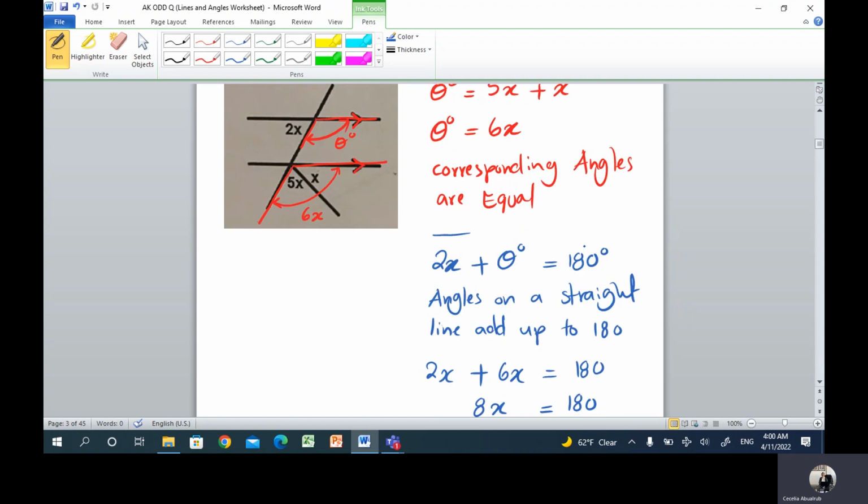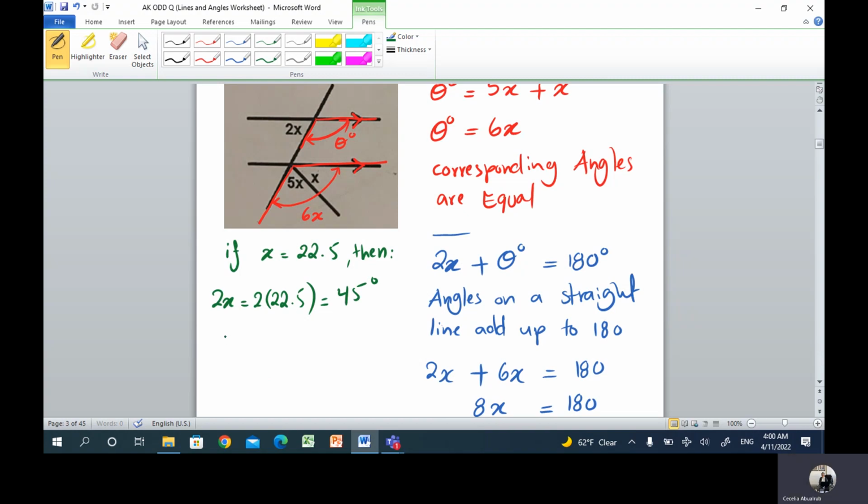So for the unknown angles, we're going to say here, if x is equal to 22.5, then 2x is equal to 2 times 22.5, which is equal to 45.